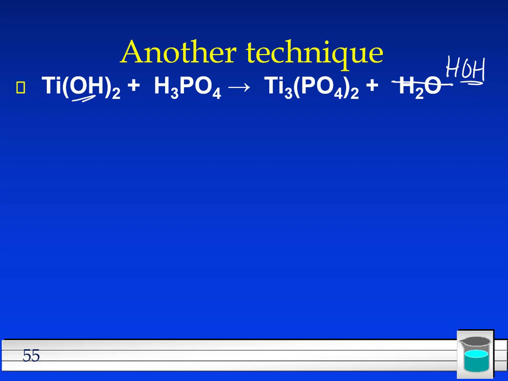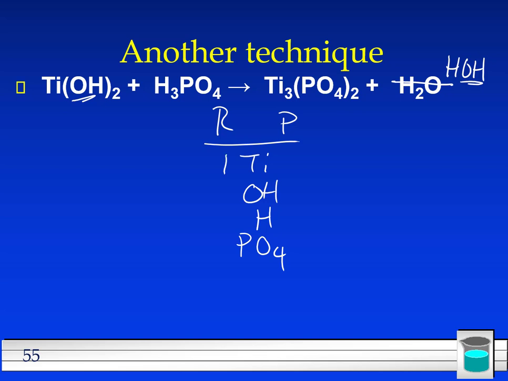And by doing that, it's going to allow me to count reactants, products, Ti, OH, H, and PO4. Only counting 4 things rather than 6. And H's almost everywhere, O's everywhere. Pain to fix.